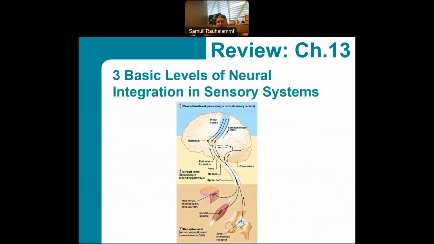And here I have a little diagram showing the 3 basic levels where that happens. So we have our receptors that we just talked about. We also have circuit level processing, kind of grouping things together. And then we have the finer processing, giving things meanings, where the perception takes place, typically in specific regions of the cortex.